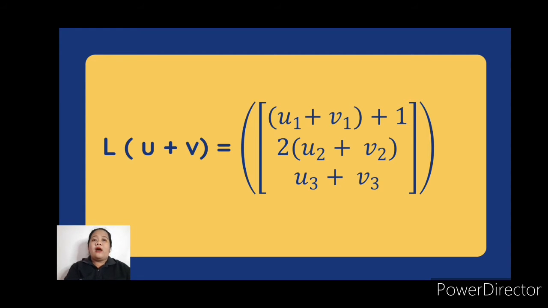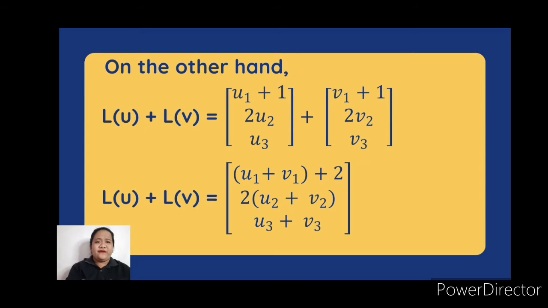On the other hand, L(u) + L(v) = (u1 + 1, 2u2, u3) + (v1 + 1, 2v2, v3).